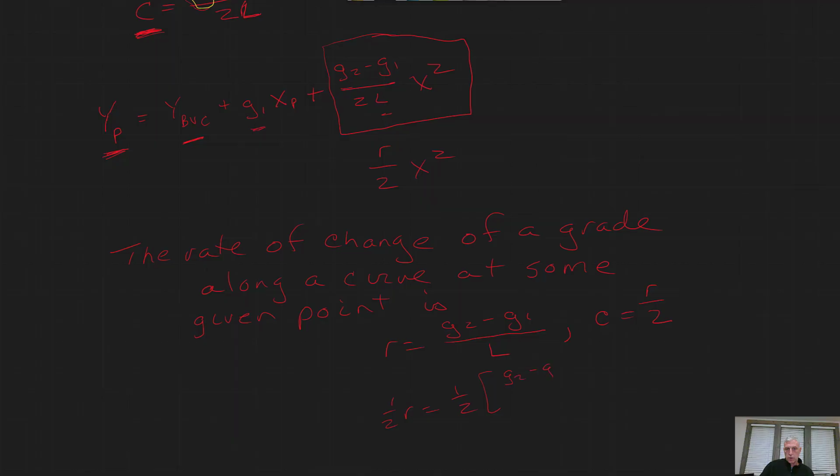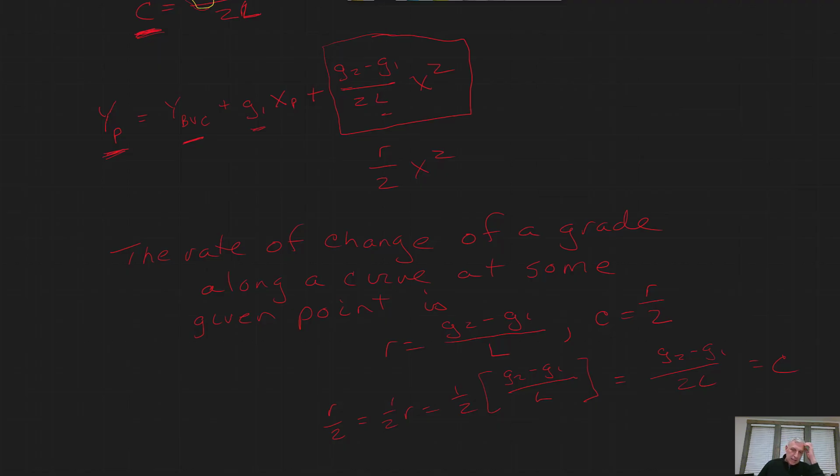G2 minus G1, just multiply both sides by 1/2 over L, and that equals G2 minus G1 over 2L equals C. So I could have started there. That's where that comes from.